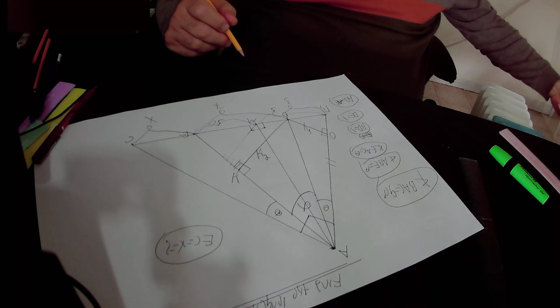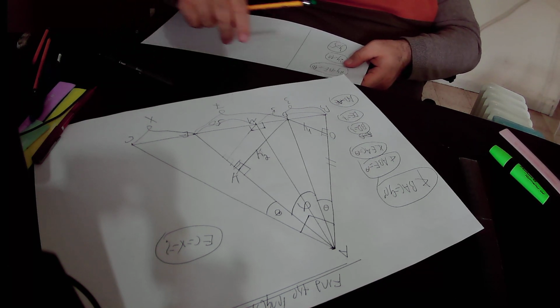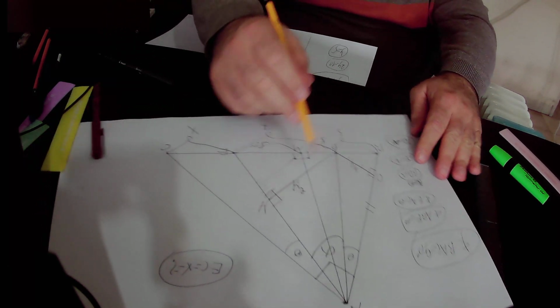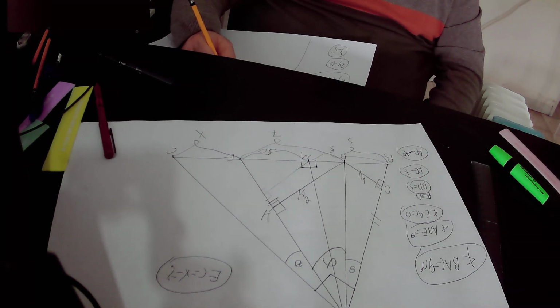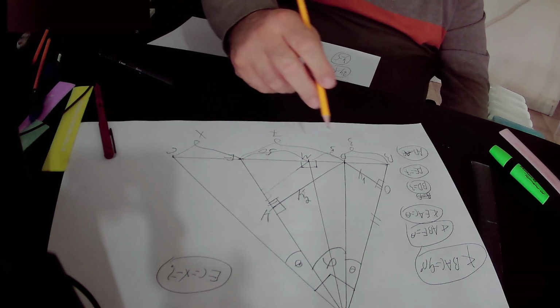So in the next step we will focus on the right triangle BAM and on the right triangle MAE.